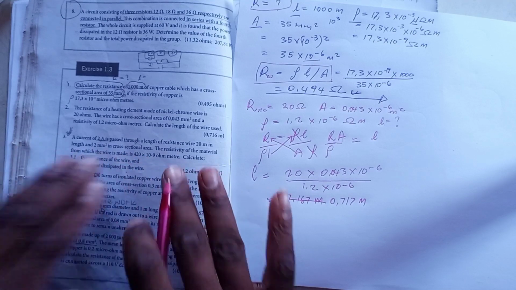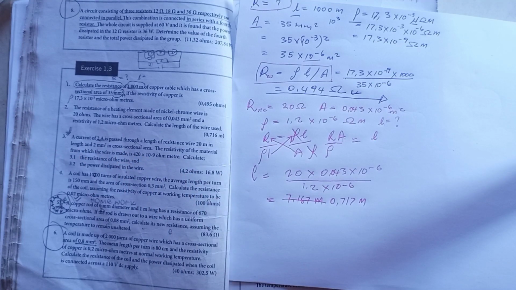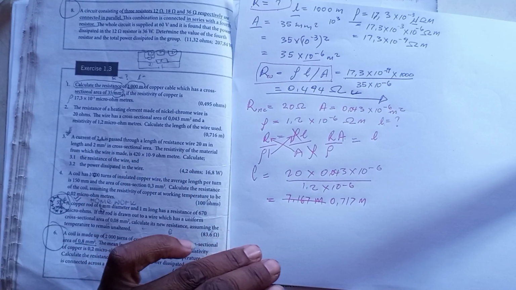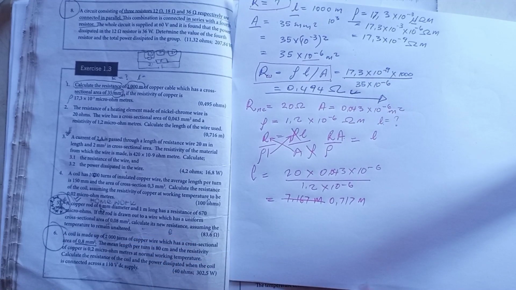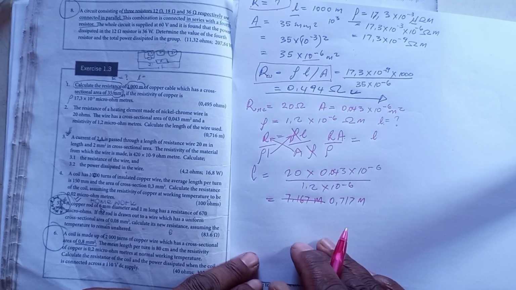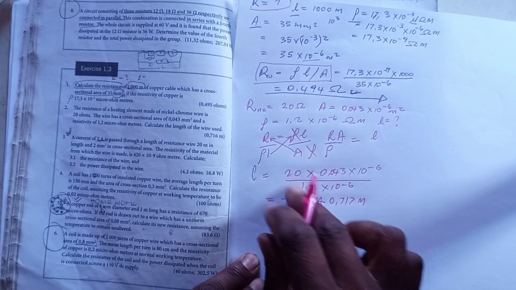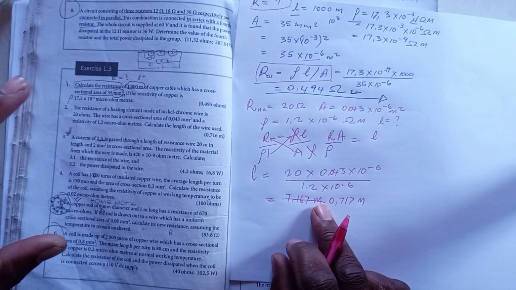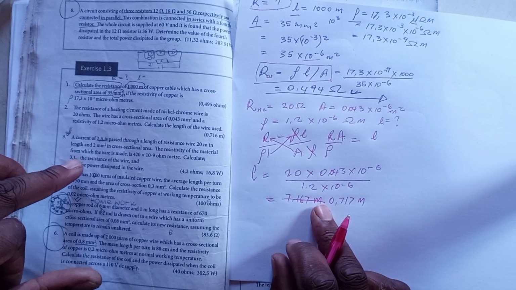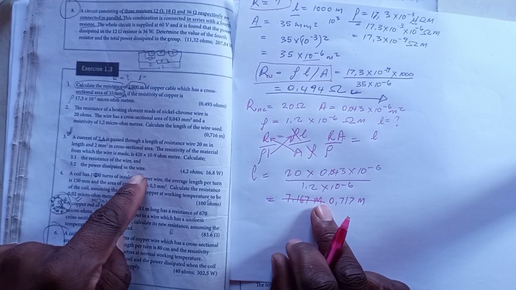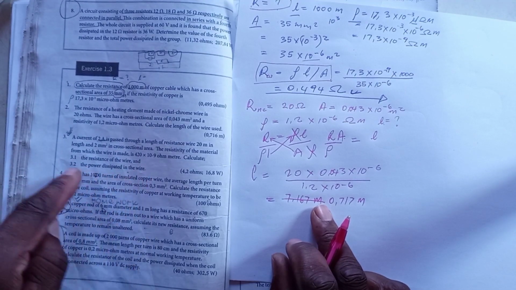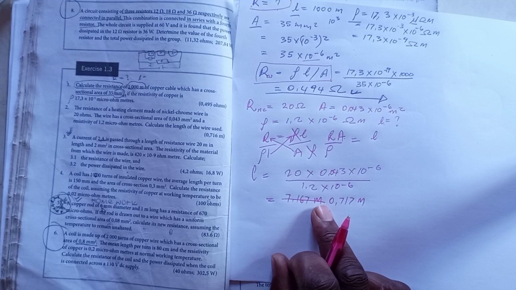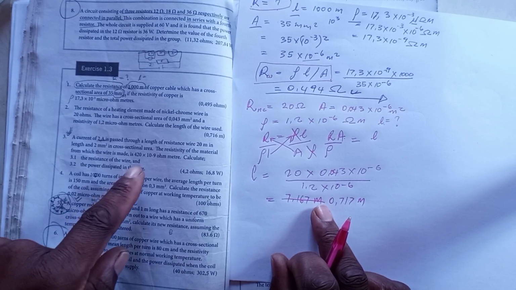Now let us come to this one. We need something that will make us think, because now we've been doing easy things. What are we asked to calculate here in A? They asked us to calculate the resistance of the wire and the power dissipated in the wire.